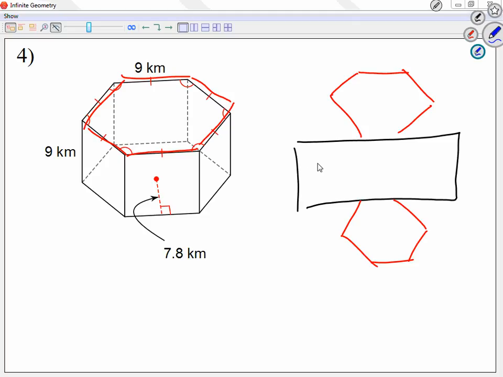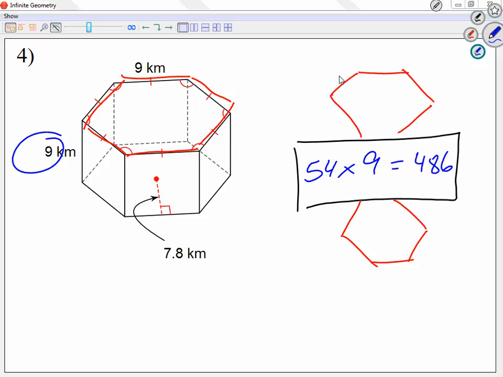54. I add all the sides. And I'm going to multiply this by 9, the height of the prism, which gives 486.